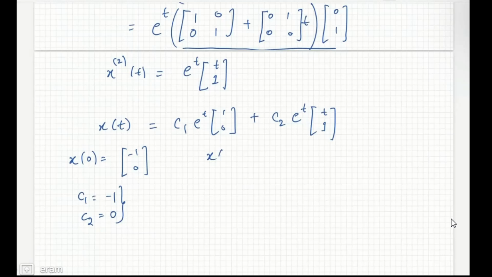So x(t) will be minus e to the power t times (1, 0), and since C2 is 0, that term vanishes. So this will be your solution if the C1 and C2 values are correct.